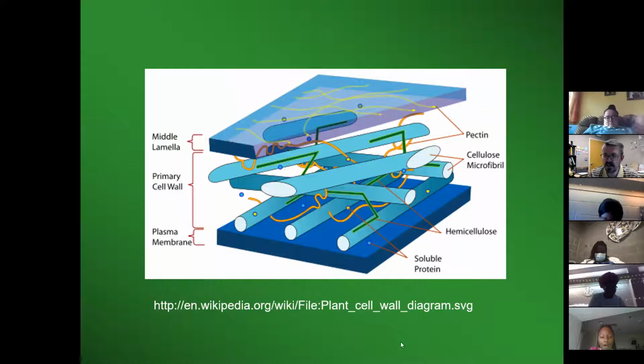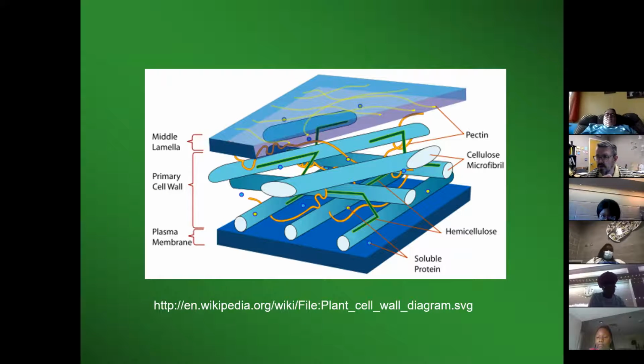So you can see the middle lamella, the primary cell wall, the plasma membrane. That primary cell wall, you can see how it gives it strength, where you've got this crisscrossing hemicellulose and these cellulose microfibrils.